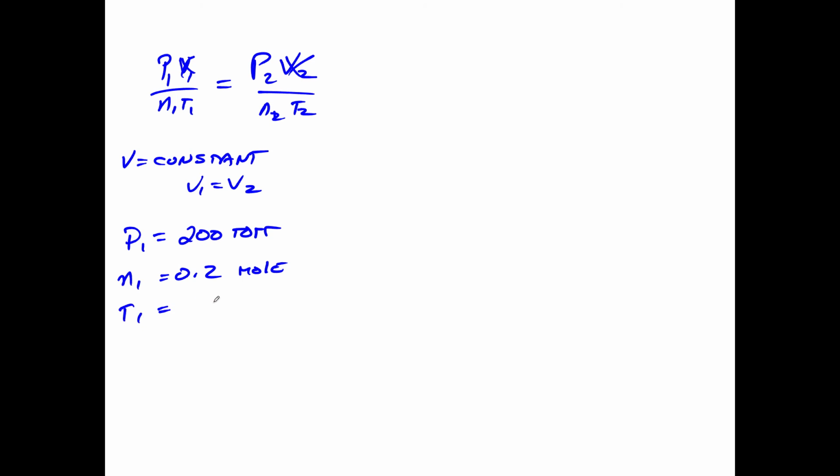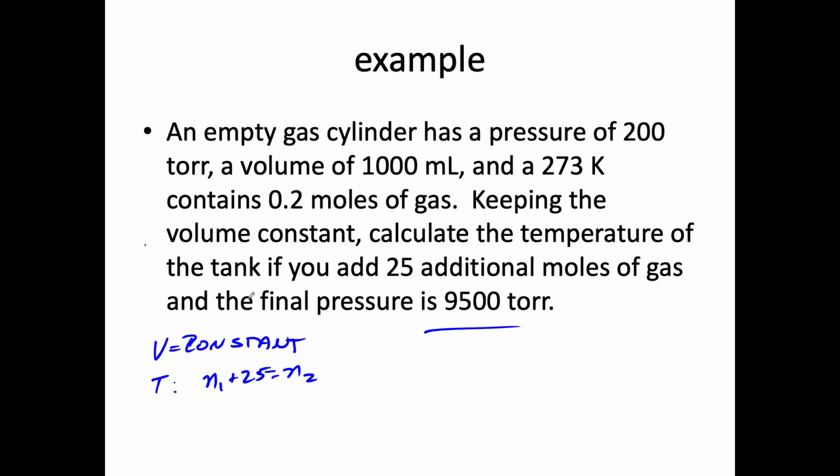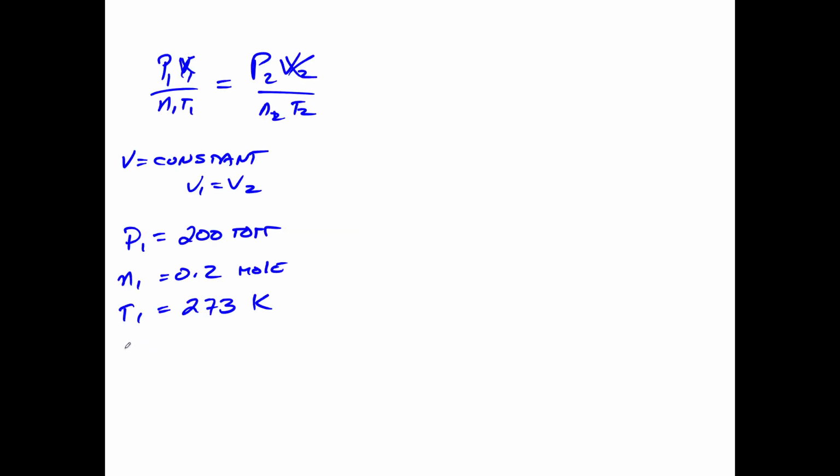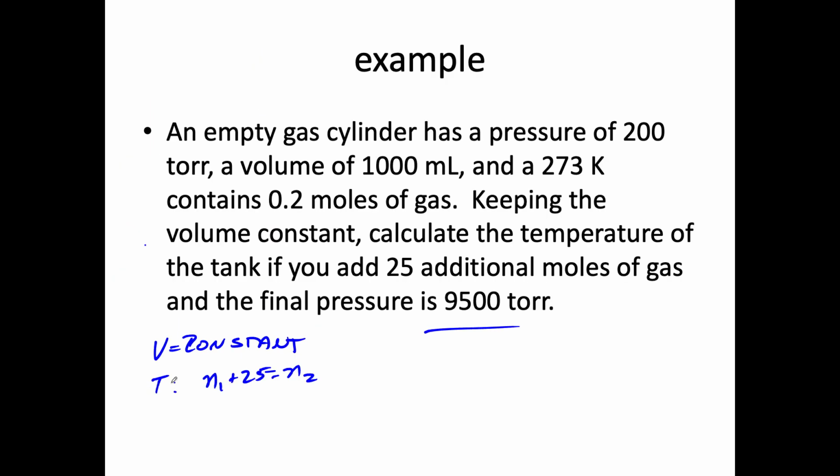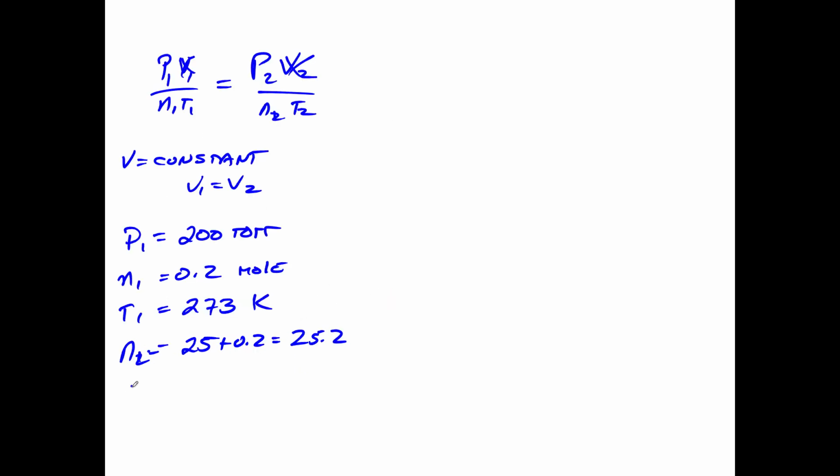And T1 is going to be 273 Kelvin. I want to double check my temperature. Yes. And n2: we're going to add 25 moles, so 25 plus 0.2 is going to be 25.2. We're adding an additional 25 moles, which means I'm adding more to it, and that's how much more I'm adding. And I've got final pressure, P2, of 9,500 torr.